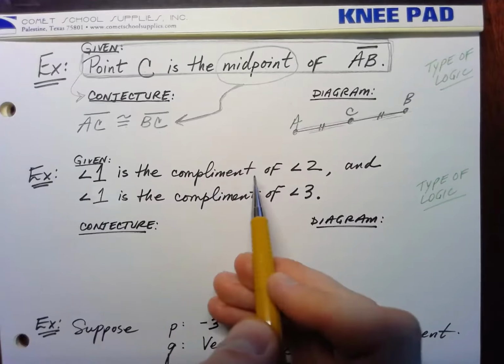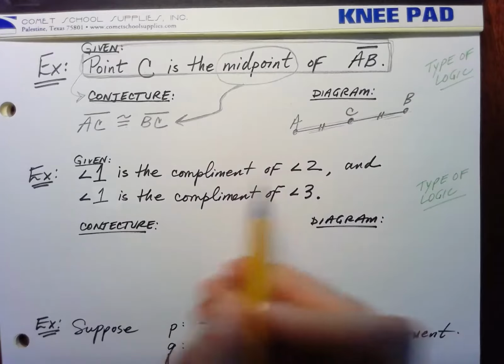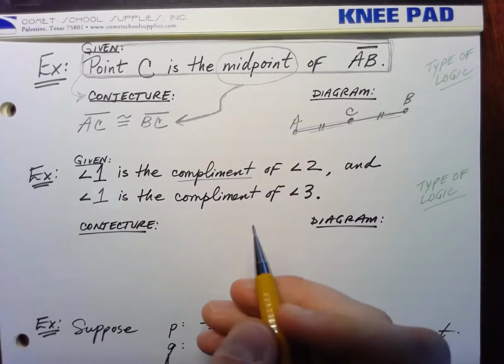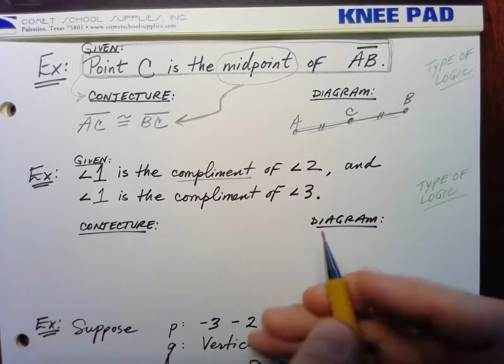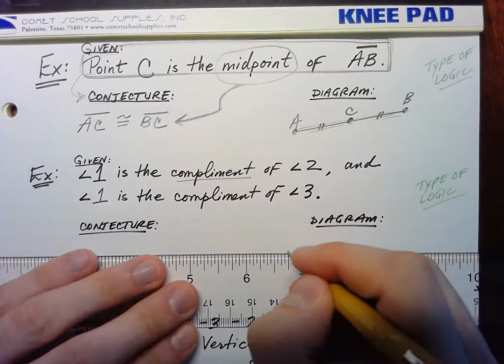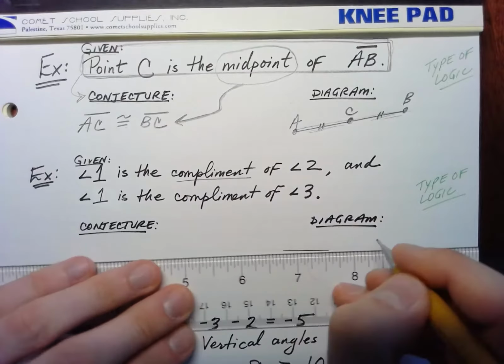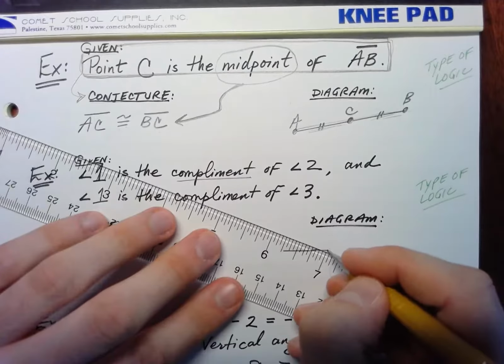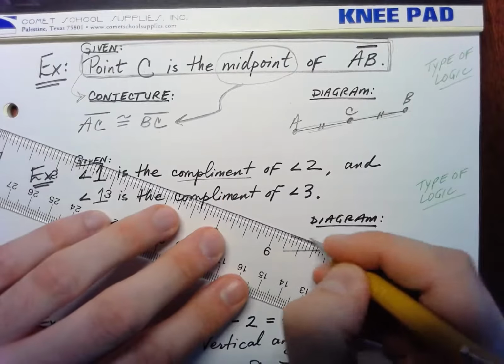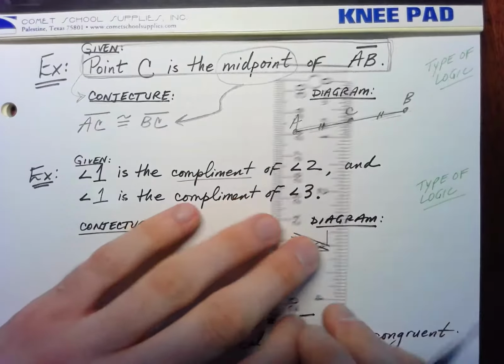Angle 1 is the complement of angle 2, and angle 1 is the complement of angle 3. Complement means that the sum is 90 degrees. So let's just look at this.